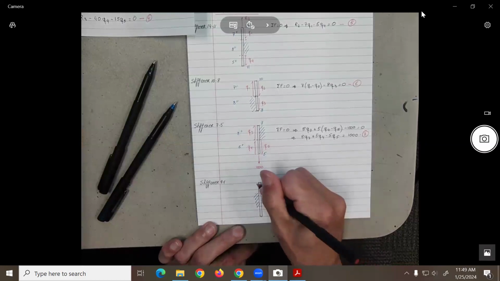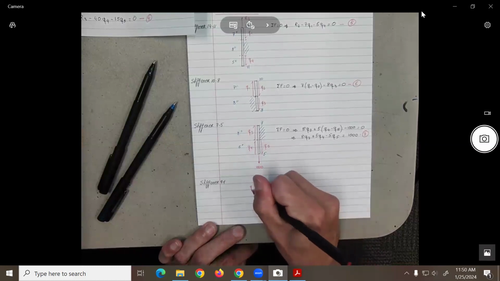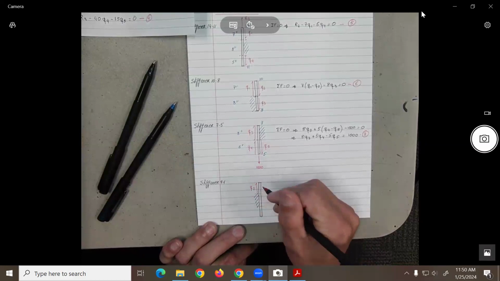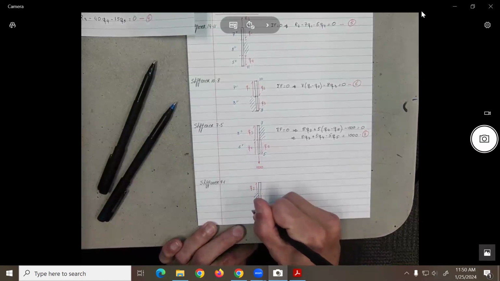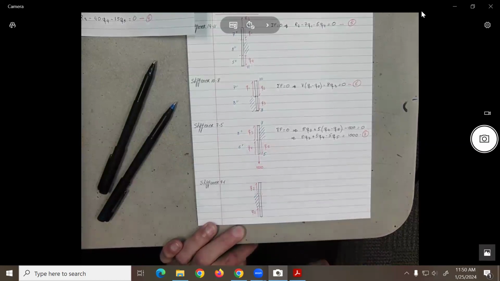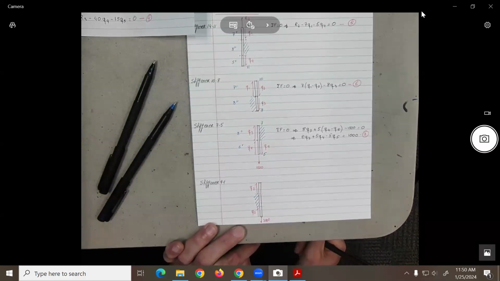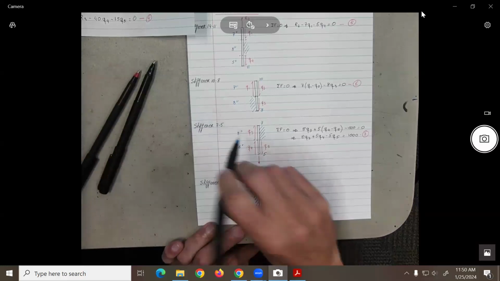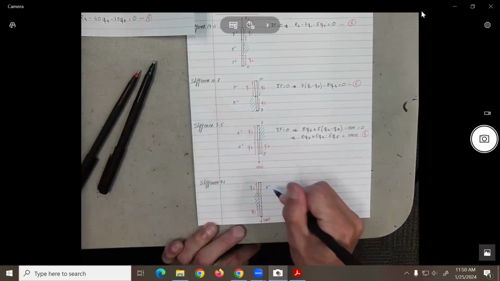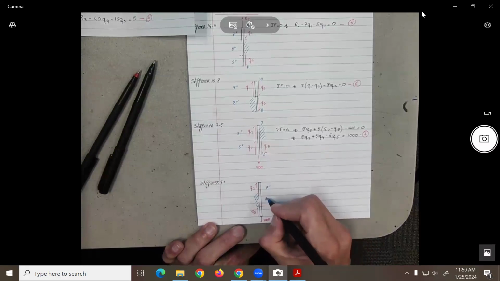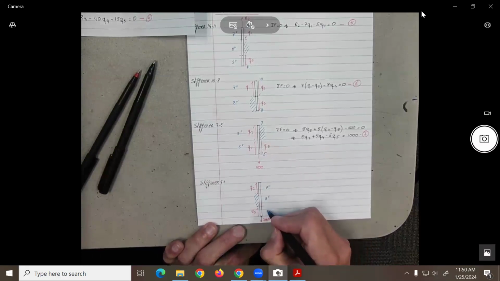We'll have Q2 on this side. We'll have Q5 on this side. We have a 3,000 here at the bottom. And that's about it, no? This is 7 inches. This is 8 inches. And this is 5 inches.